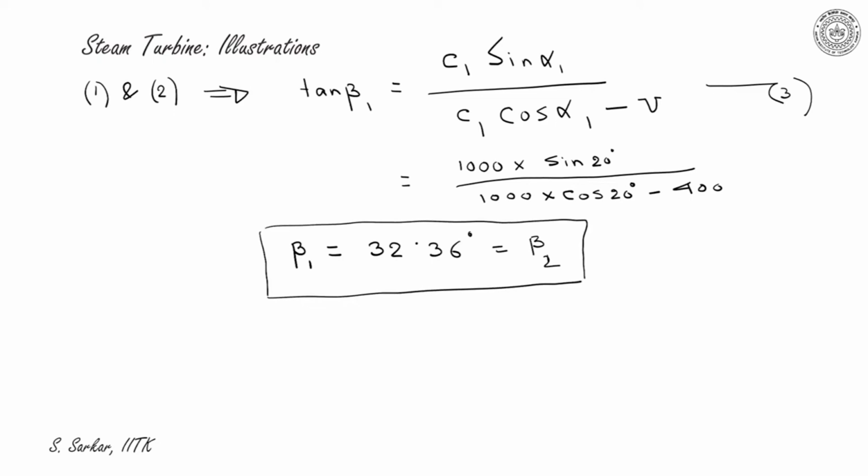So I have solved the blade angle. Now from equation 1, I can say W1 is equal to C1 sine alpha 1 divided by sine beta 1.